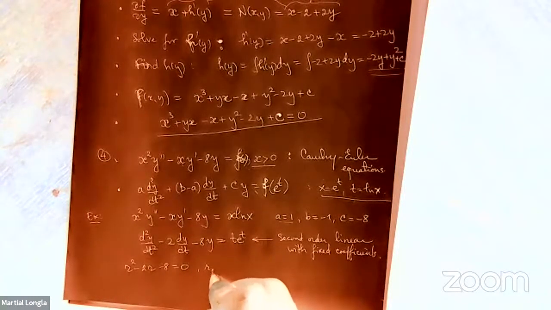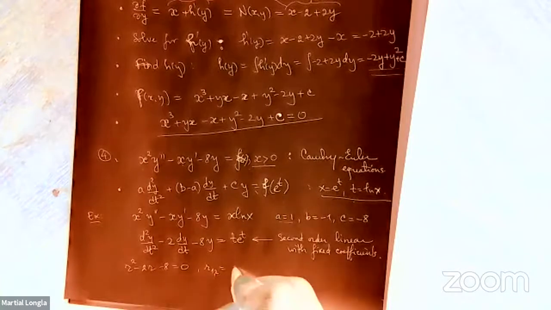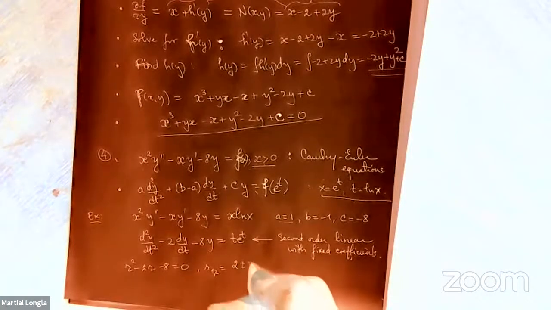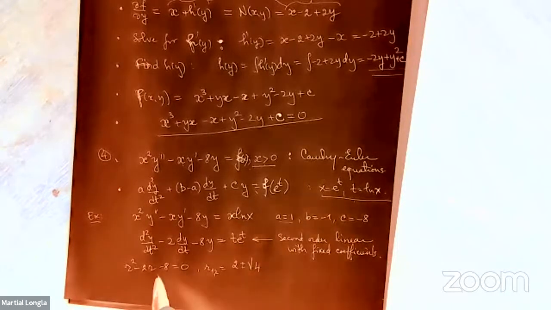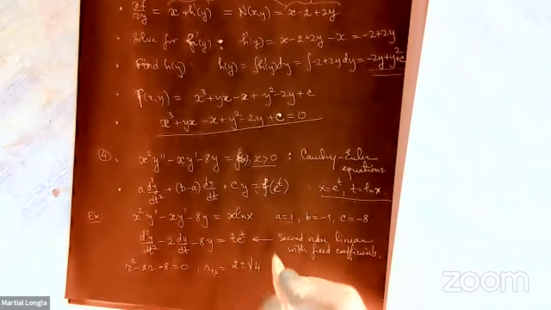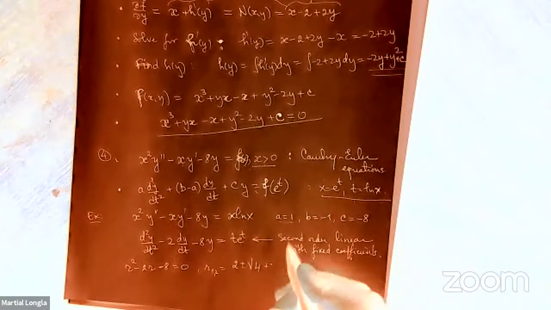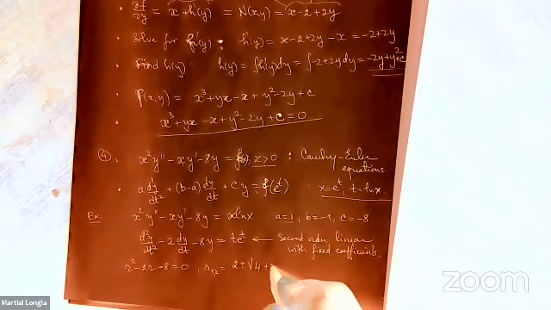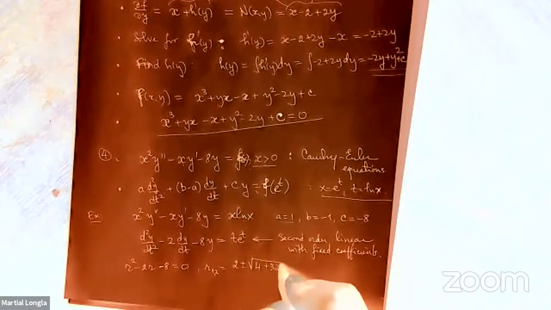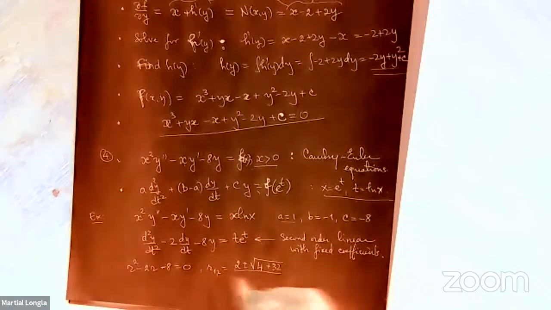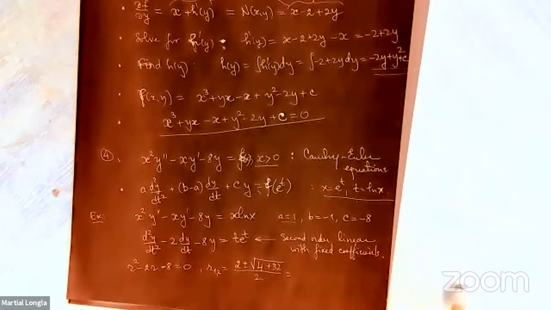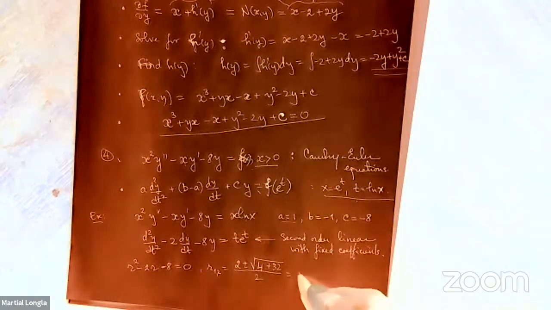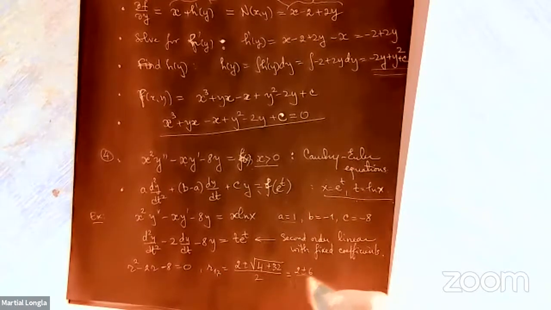So here r1,2 is 2 plus minus square root of 2 squared, that's 4, minus minus plus 4 times 8, 32, over 2. 32 plus 4, that's 36, square root is 6, so that's 2 plus minus 6 over 2.